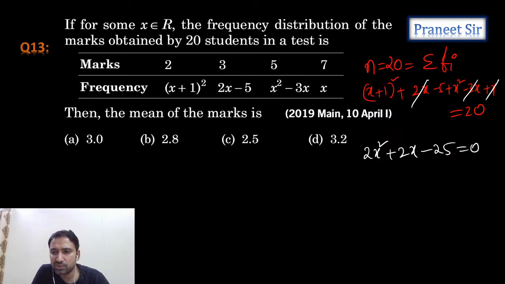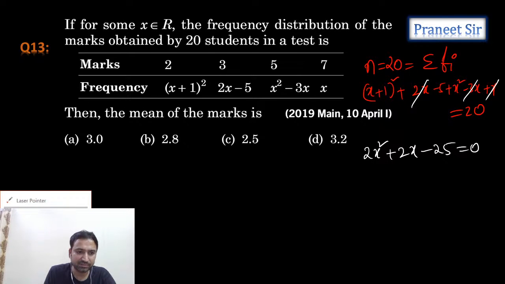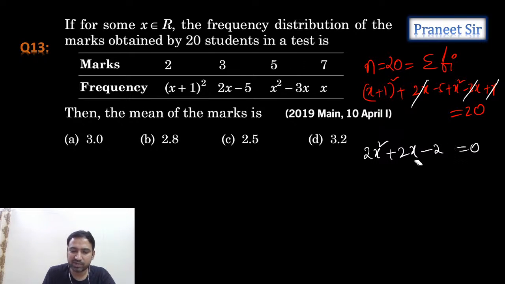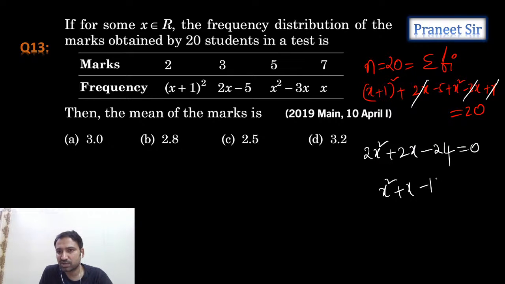Something we are making a mistake. It's not minus 25, guys. It's minus 24. Is it correct or not? So x square plus x minus 12 is equal to 0.